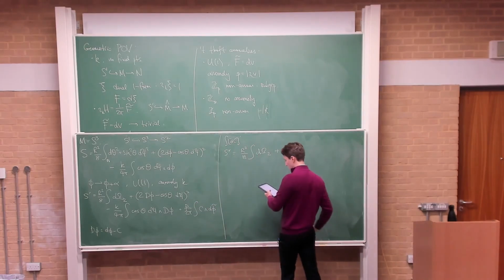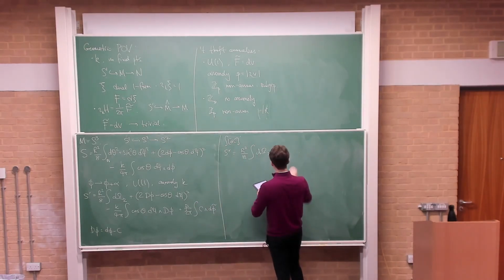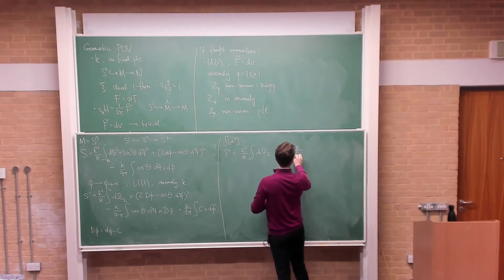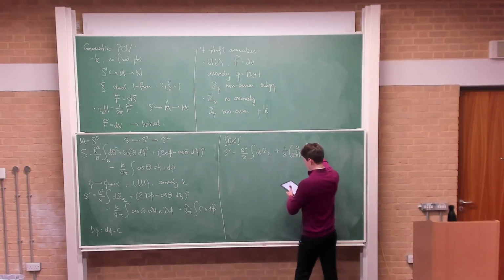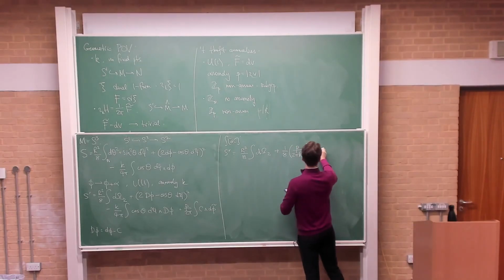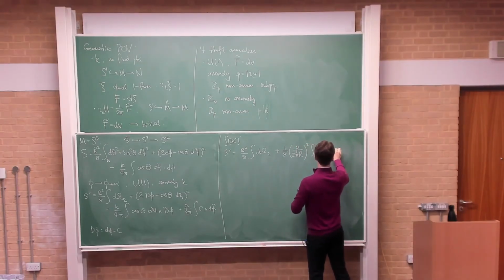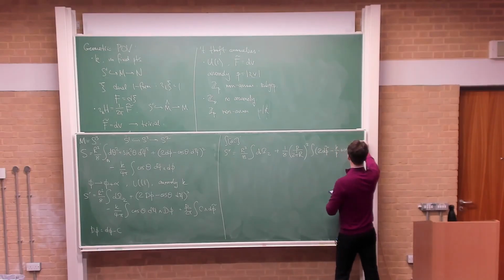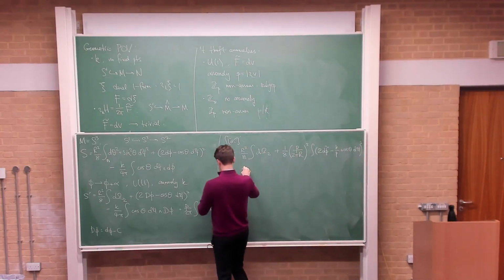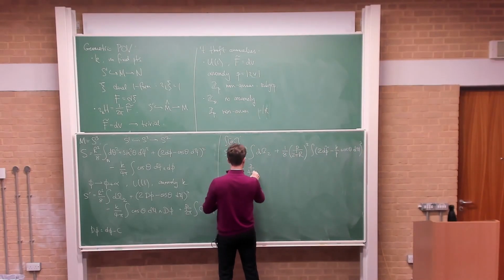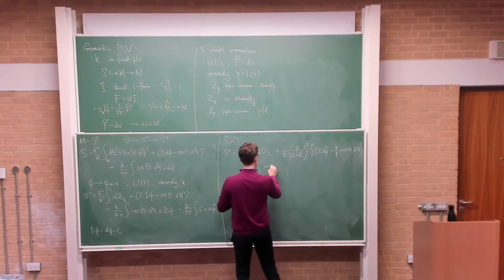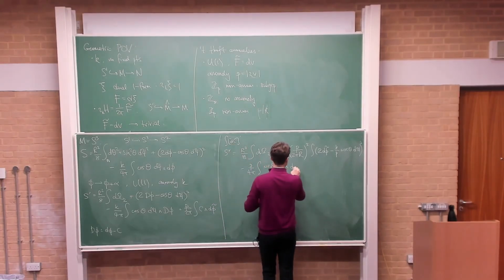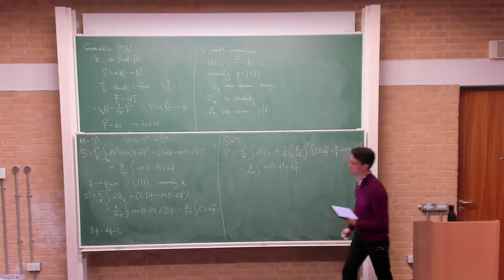The base part stays the same. And then I get 1 over 8 P over 2 pi R squared integral of 2 pi tilde minus... okay, this is what I get.